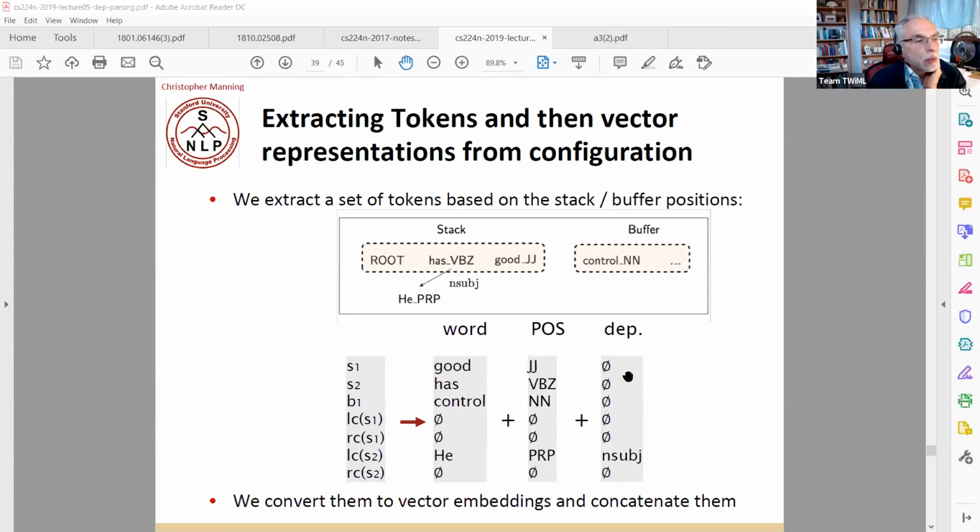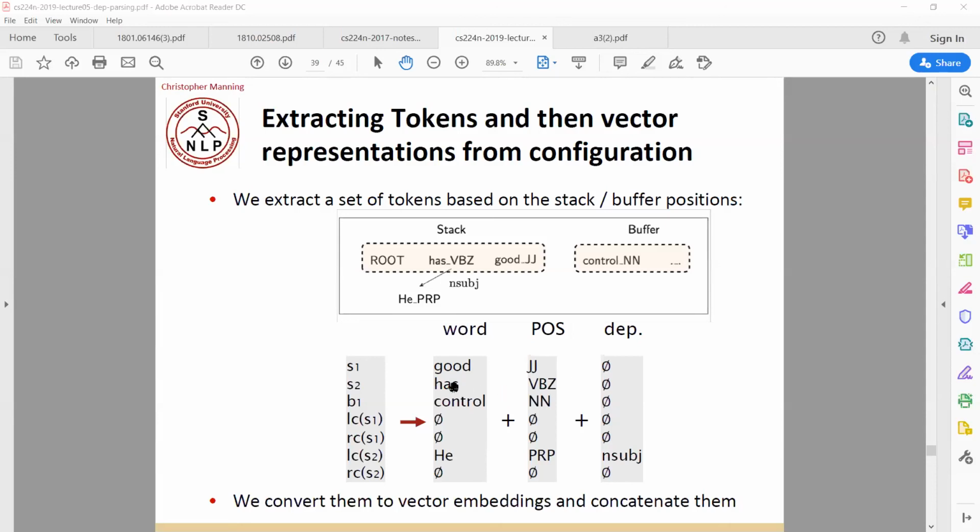That's what he means when he says we convert them, especially in the first bullet: a set of tokens is generated based on the state of the stack and the buffer. So for every stack buffer state, you have word, POS, and dependency embeddings, concatenate them, and feed them into the neural network as we go to the next slide.